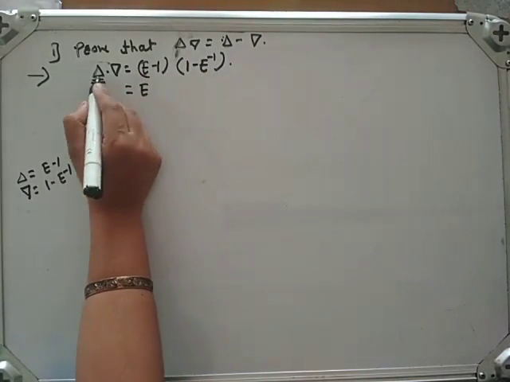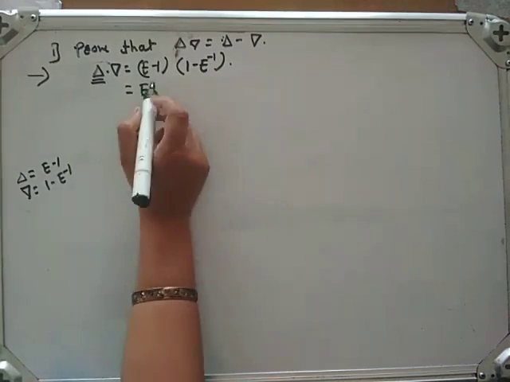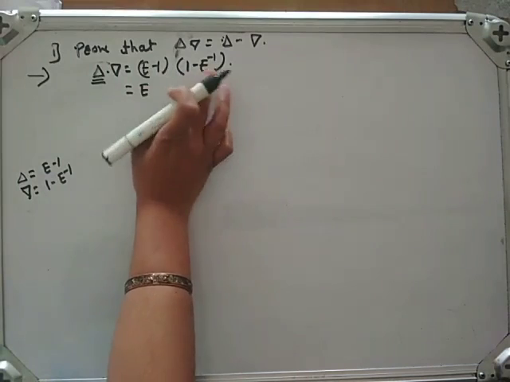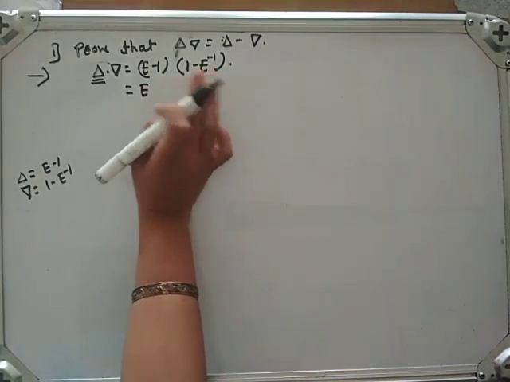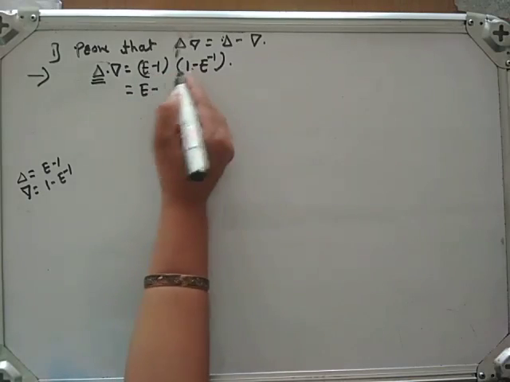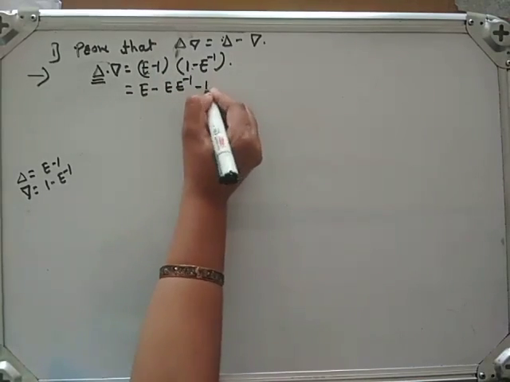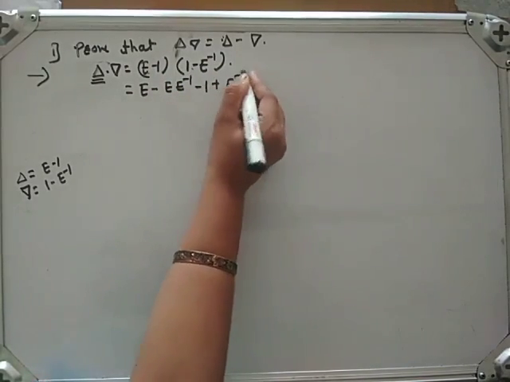Sorry, here is a multiplication, delta into del. So, E minus 1 into 1 minus E inverse. E into 1 is E, minus E into E inverse, minus 1, plus E inverse.